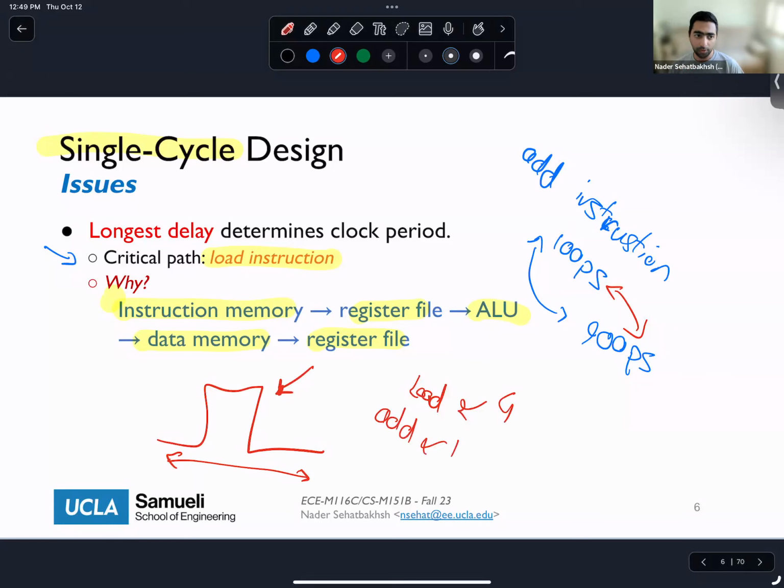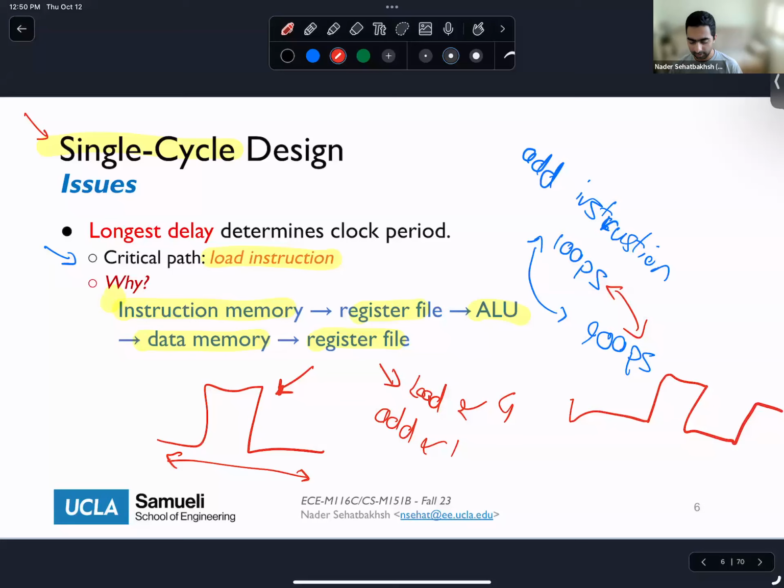If I know beforehand which one is which, I can give more time for the load to finish. Multi-cycle is something people came up with after single cycle, but unfortunately, multi-cycle has its own problems because it makes the design very, very complicated, and it doesn't really give you that significant a boost. So the answer is actually no.